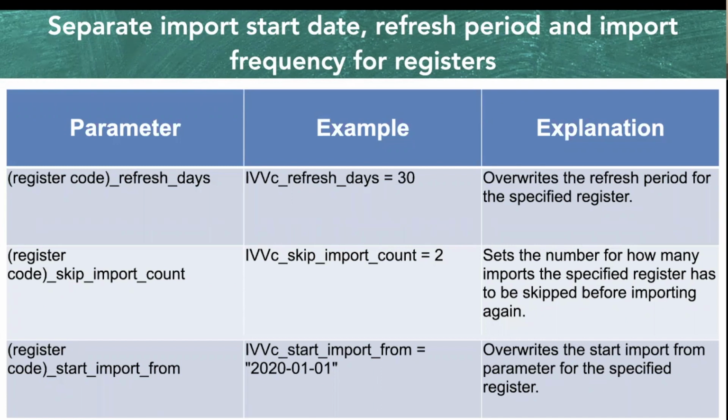There's a section available for system administrators for the account. We can customize the account in multiple ways, right? So these are the parameters that have to be used here, where the start is just a register code like this, and then you specify refresh days 30, skip import code 2, or when do we start the import for this register.